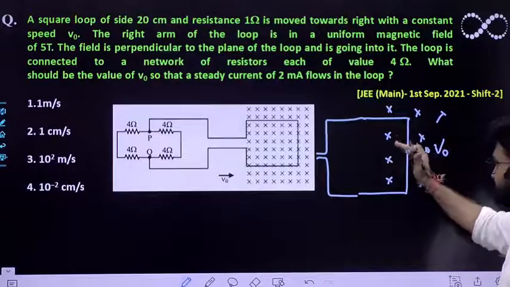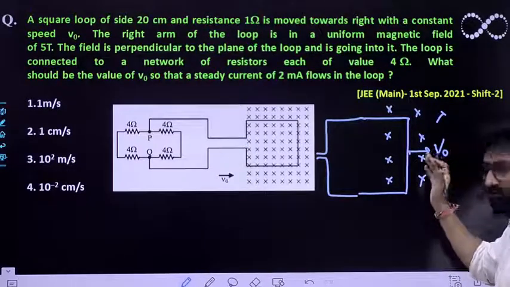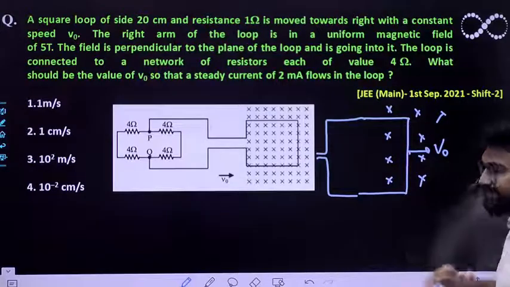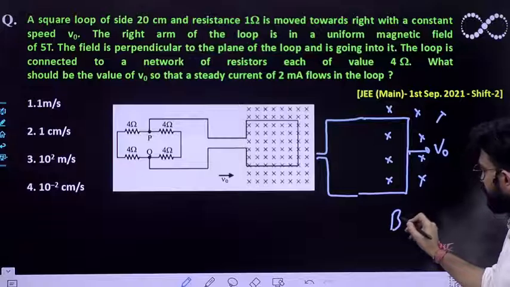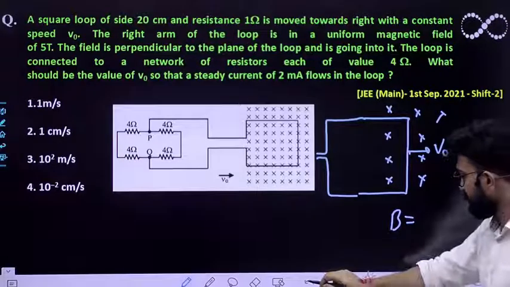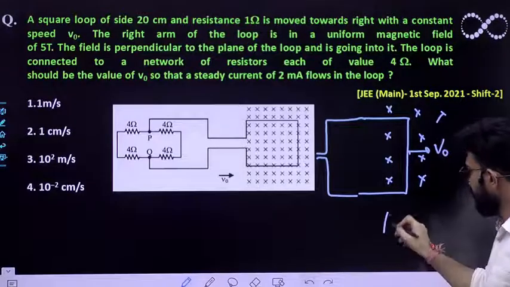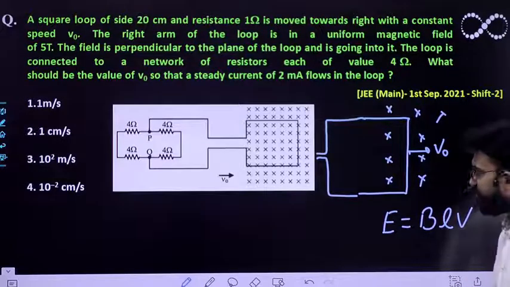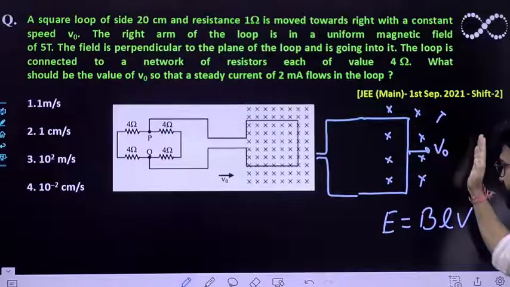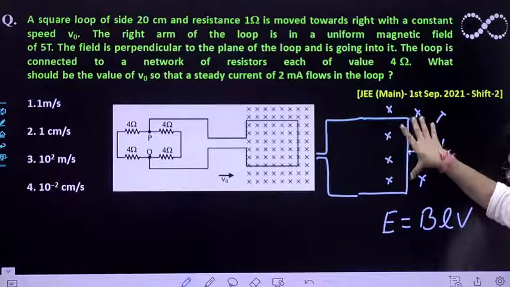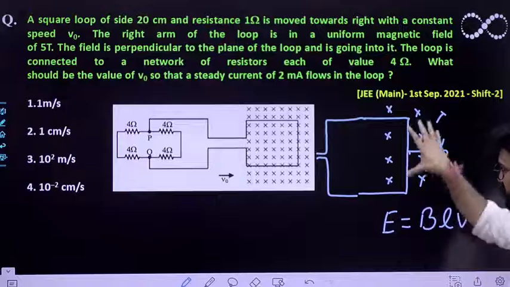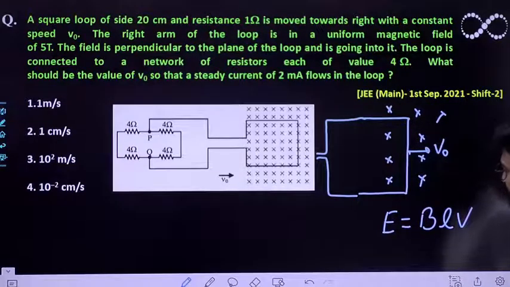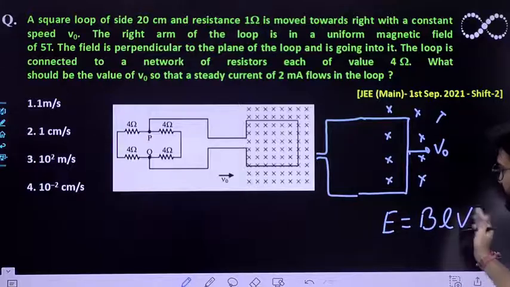While it is entering the perpendicular magnetic field with the speed V0, the motional EMF developed within its terminal is given by the expression E equal to BLV, where V is the speed with which this conductor is moving, L is the length of this conductor, and B is the magnetic field in which it is placed. So this induced EMF is equivalent to BLV, we already know.